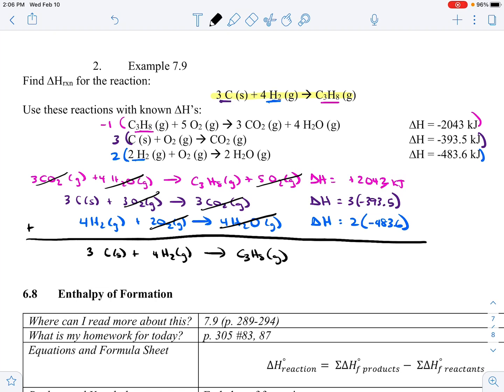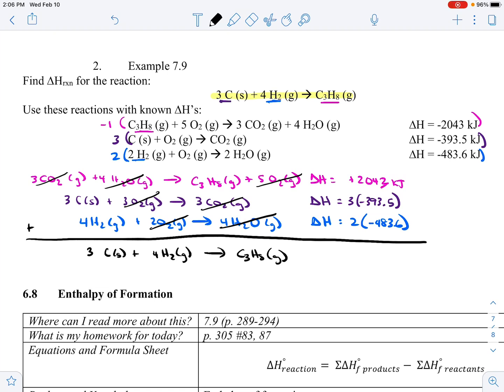We've got a positive 2043, plus 3 times a negative 393.5, and then plus 2 times a negative 483.6.